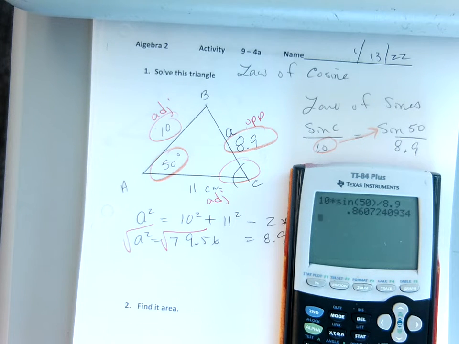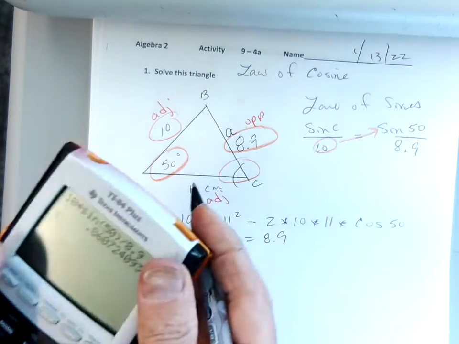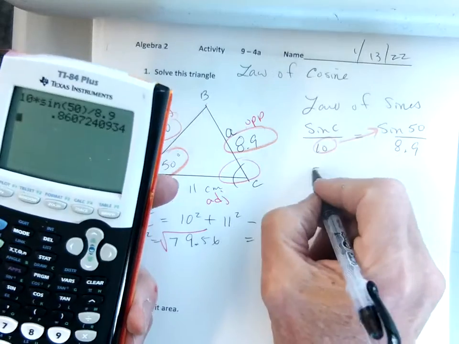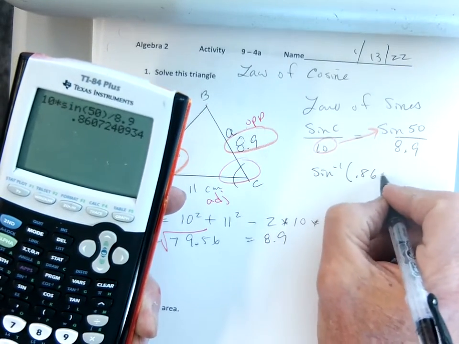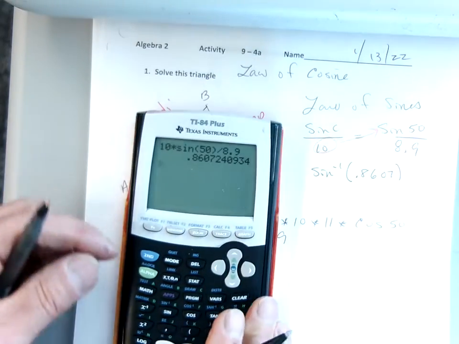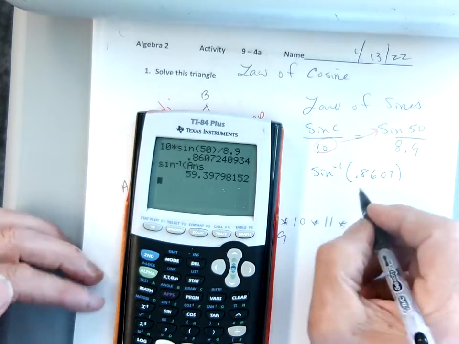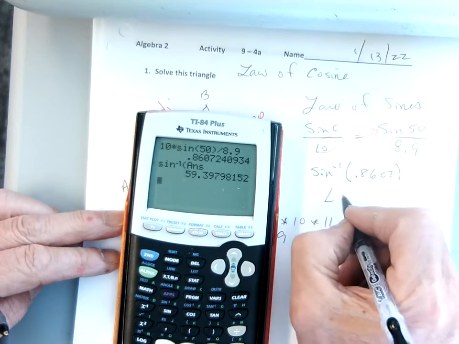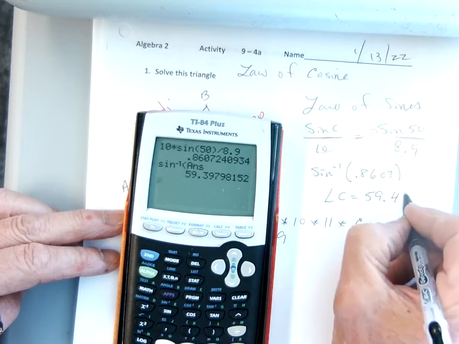Sine inverse is correct. So I'm going to take sine inverse of 0.8607, and I get about 59.4 degrees. So angle C is about 59.4 degrees. All right, awesome.